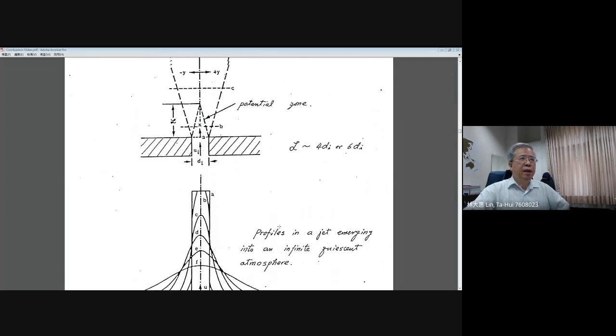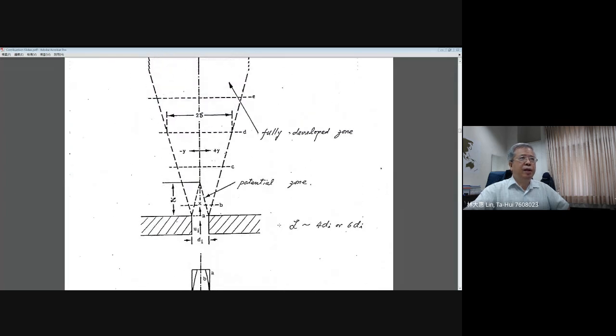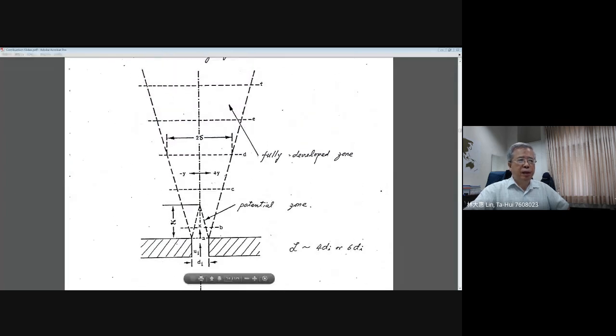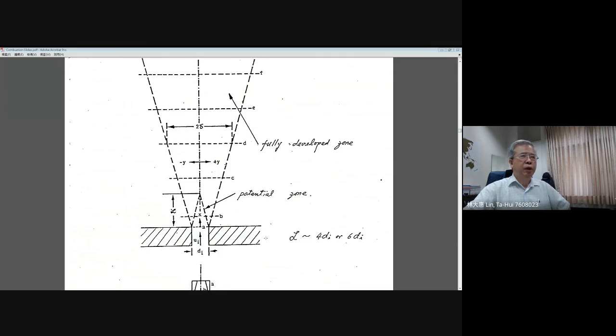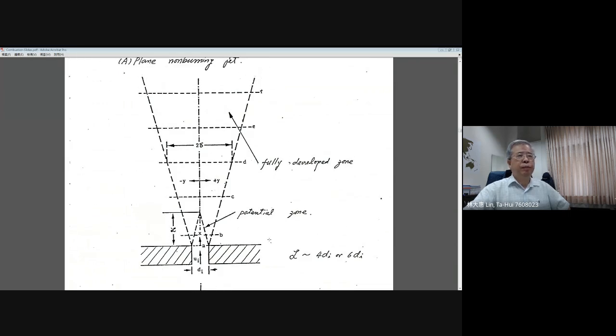I think you understand these figures, which I already introduced earlier. This is the jet flow, and there is a flow structure divided into three regions. One is the potential cone, then there is the intermediate transition region, and finally they go to the fully developed zone, right?